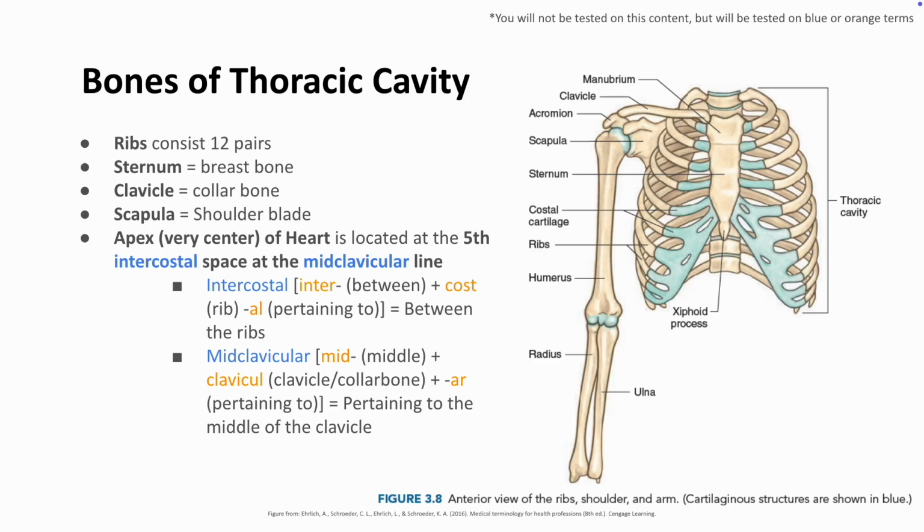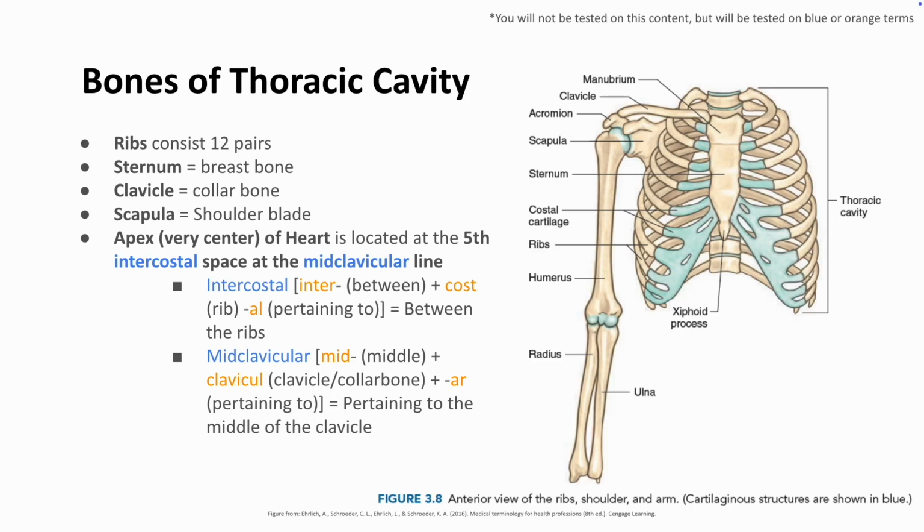Mid-clavicular: mid means middle, kind of obvious. Clavicle refers to the shoulder bone, and al, pertaining to, so pertaining to the middle of the clavicle. So we're at that intercostal space. If you look at the clavicle, it extends like that, and let's assume it also extends this way. If you find that midline from the clavicle and come straight down, it will be around here.